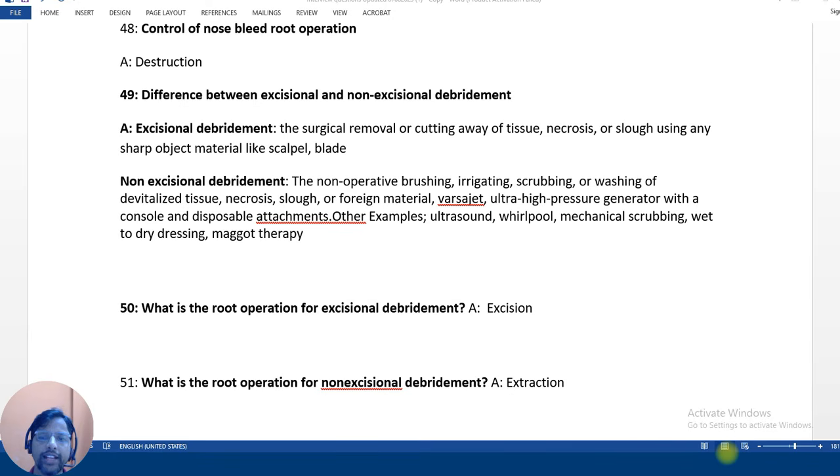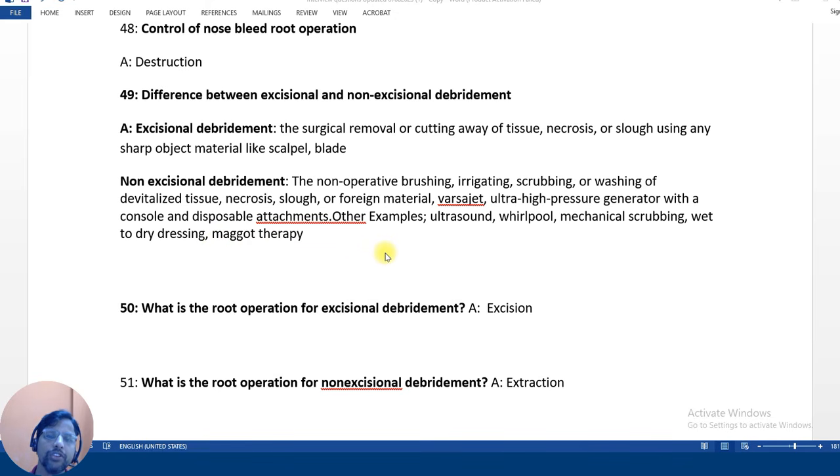He will use non-operative brushing, irrigating, scrubbing or washing of devitalized tissue, necrosis, slough or foreign material, Versajet, an ultra-high pressure generator with a console and disposable attachments. Other examples for non-excisional debridement are ultrasound, whirlpool, mechanical scrubbing, wet to dry dressing, maggot therapy.